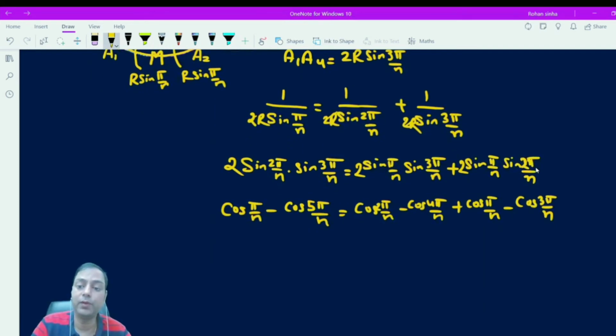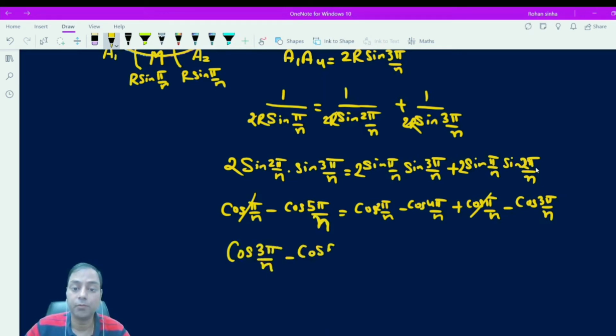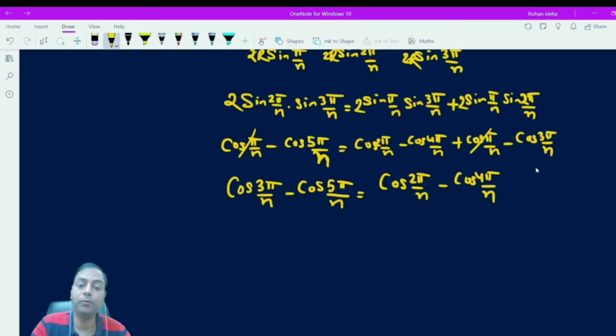Now calculating this further, what do we find? We find this cos pi by n will get cancelled out. Now take cos 3 pi by n to this side. Cos 3 pi by n minus cos 5 pi by n is equal to cos 2 pi by n minus cos 4 pi by n. Now what is cos c minus cos d? This is 2 sin (c plus d) by 2 into sin (d minus c) by 2.